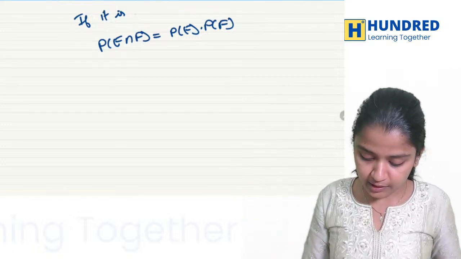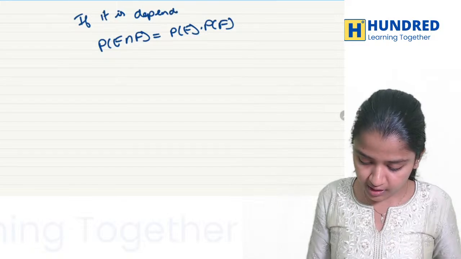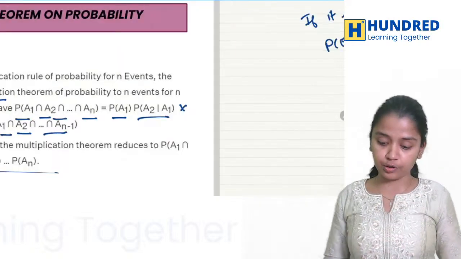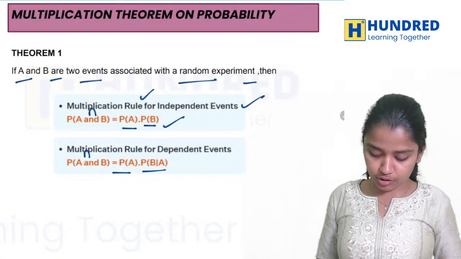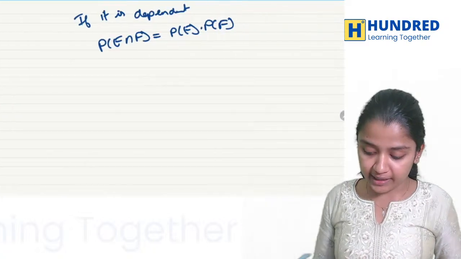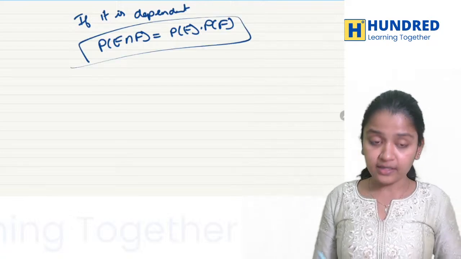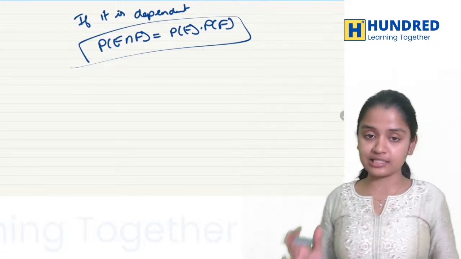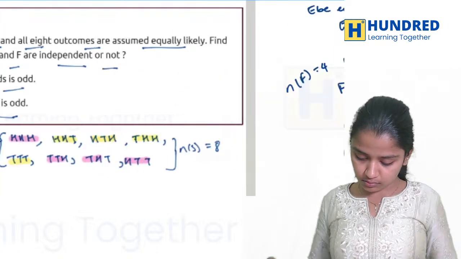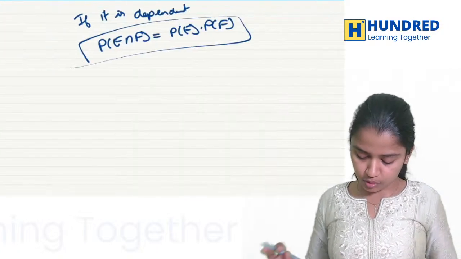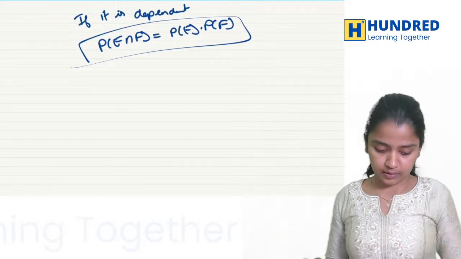If it is dependent, we cannot write it like this. We checked the condition, right? So if it is dependent, you can write it in this form. If we can split and write it like this, it is an independent event, otherwise it is dependent.